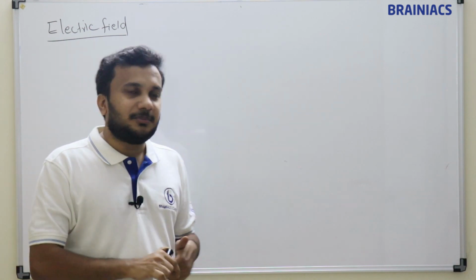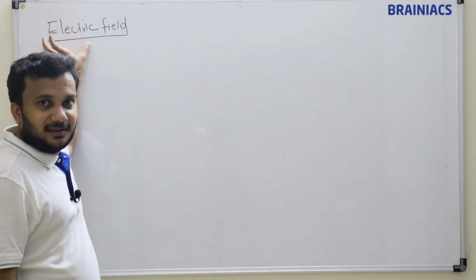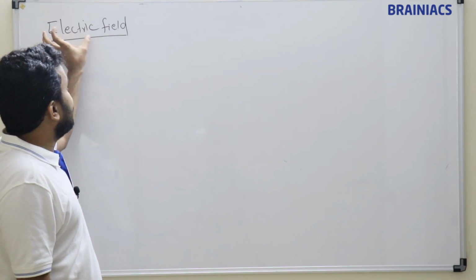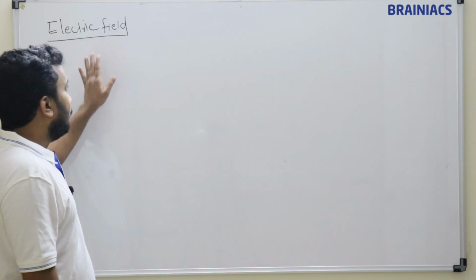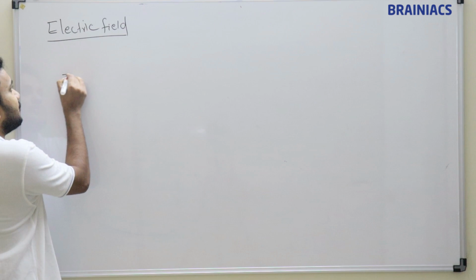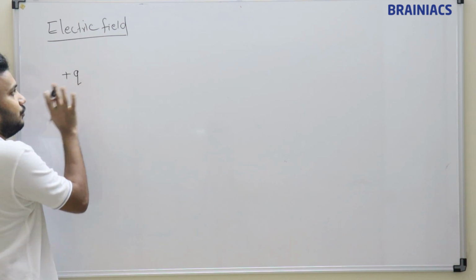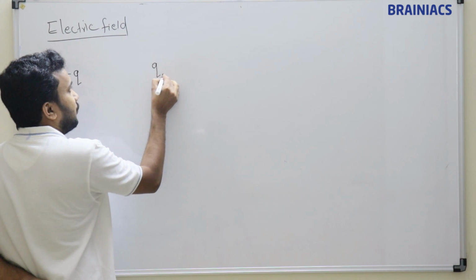The same meaning applies here. It's called field, and this is related to electric. Electric field means charge field, charge area. What this exactly means is, suppose I have a charge plus Q, and I have another charge Q0.